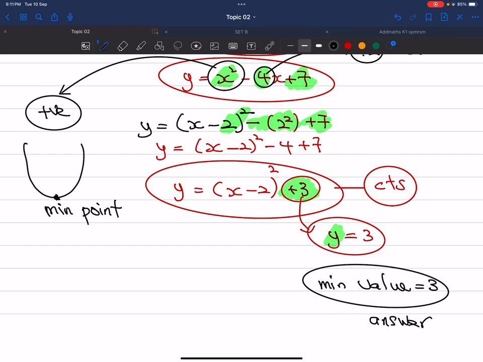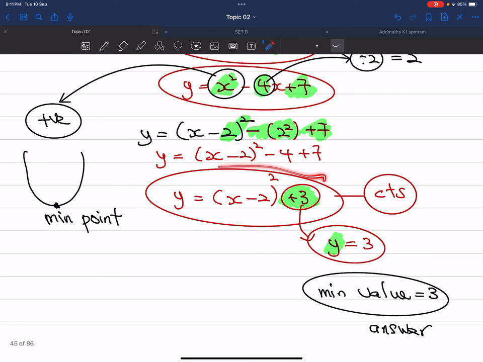Remember, in complete the square, the number outside is the y coordinate. But this y coordinate is the same as the maximum or minimum value. To find out, go to the x square. It is positive, graph U-shape, minimum point, therefore minimum value.